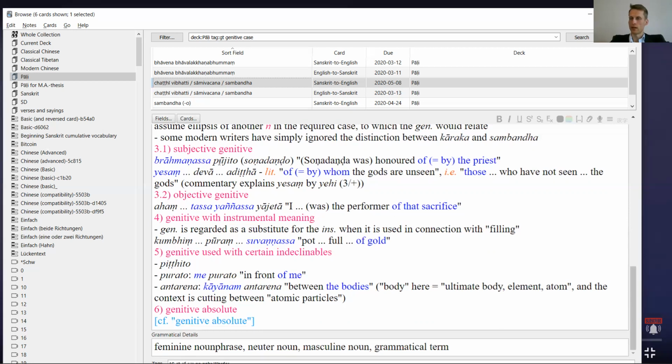And lastly, there's this construction which is called the genitive absolute.